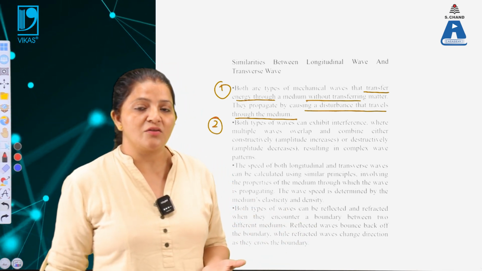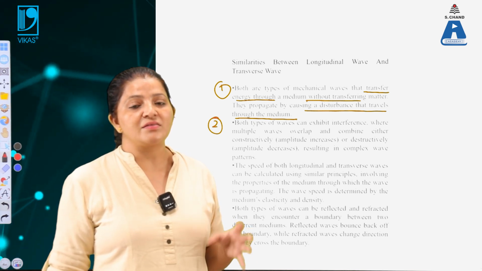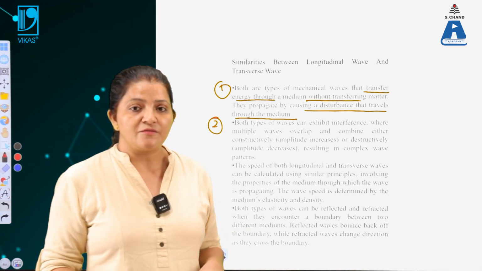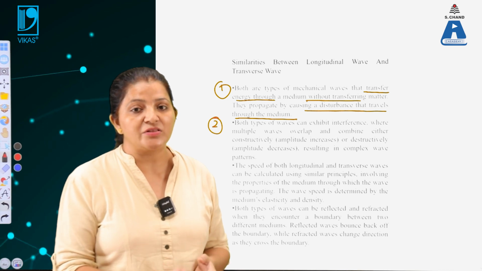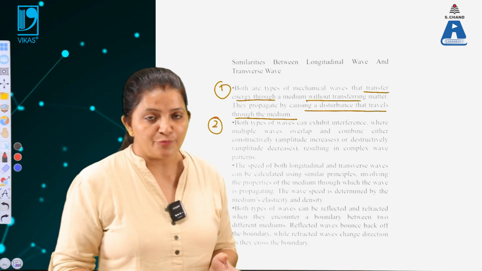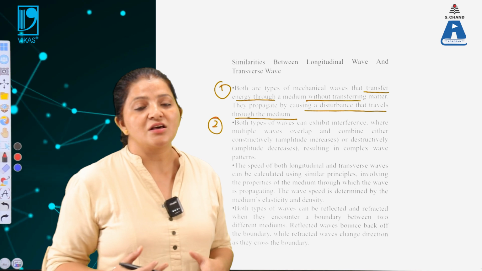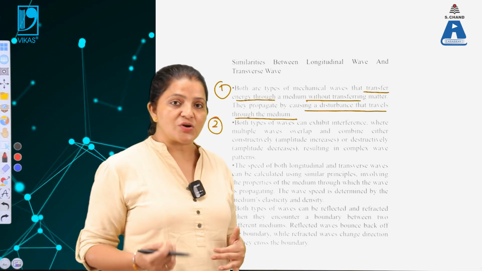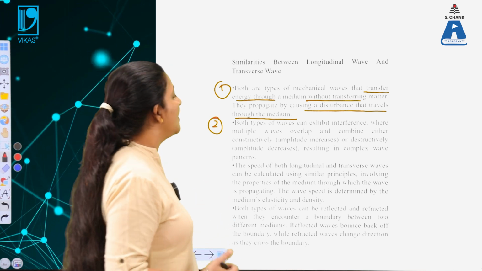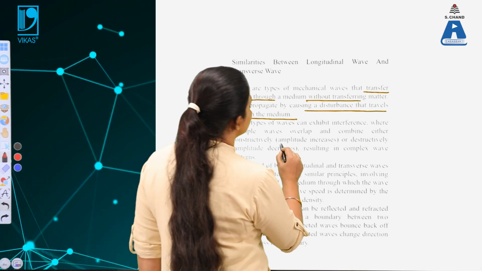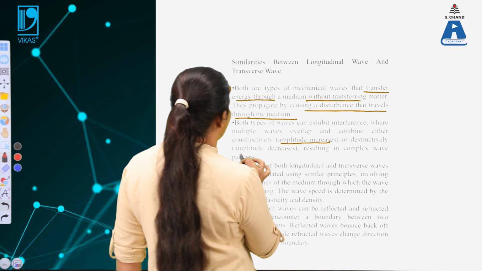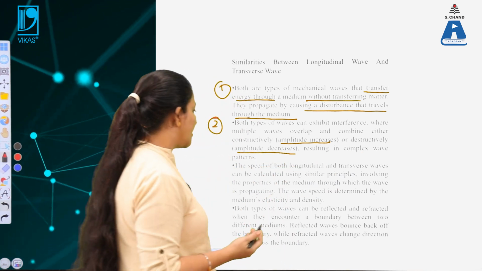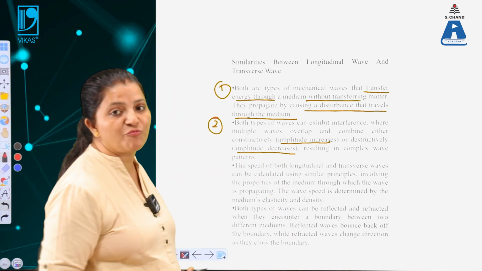Similarly with the longitudinal wave: when the compression of one wave coincides with the compression of another, there is constructive interference, and when they do not coincide, there will be destructive interference. At constructive interference the amplitude increases, while at destructive interference the amplitude will decrease. So we will get a complex wave pattern.